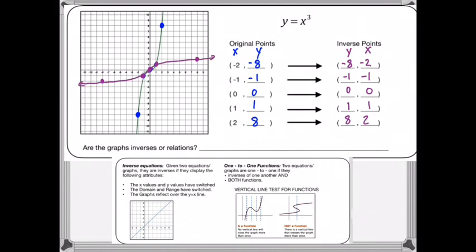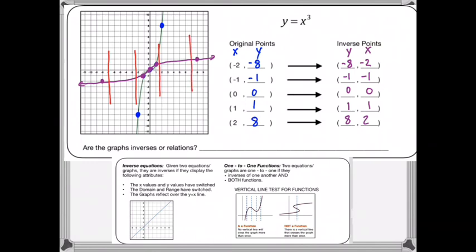Okay, so let's take a look. Are these two one-to-ones? That means, is the inverse function I just made going to pass the vertical line test? And it does. No matter where I go on this graph, you can see that it only hits once.